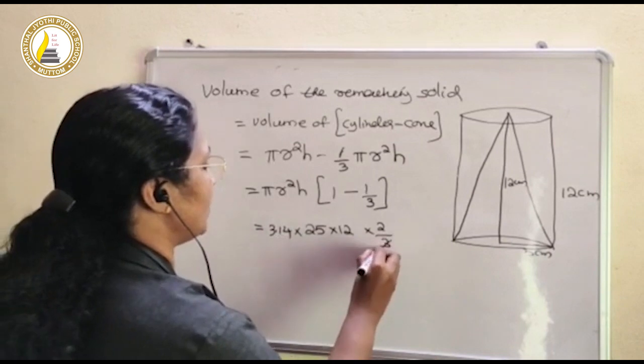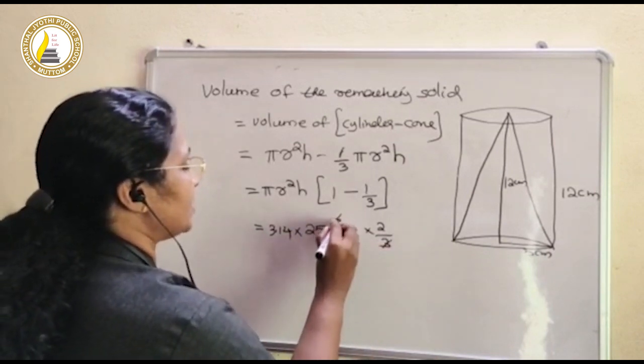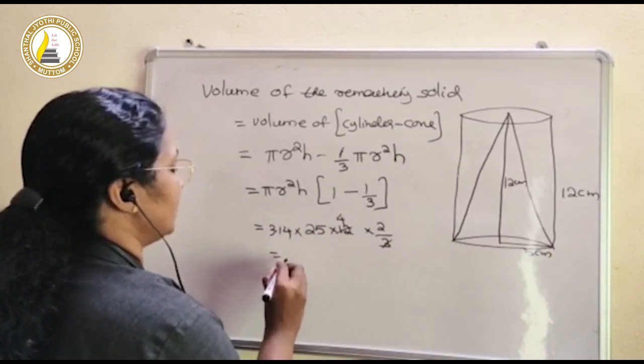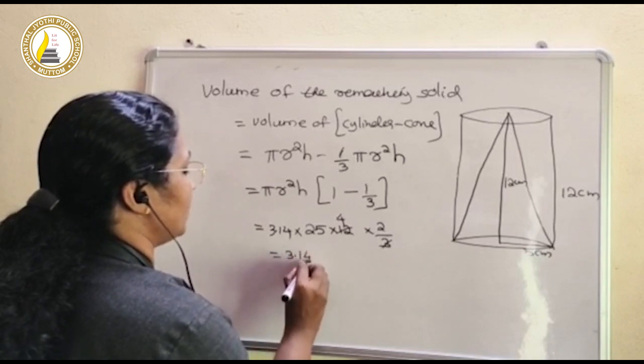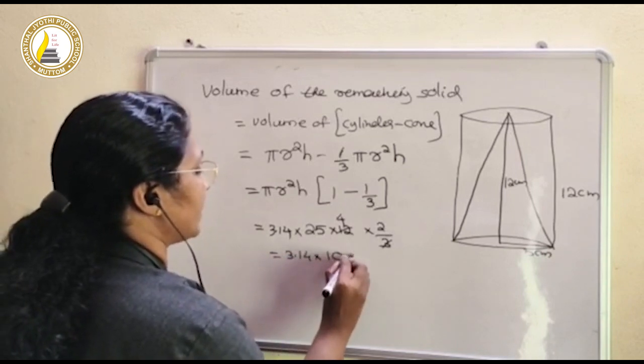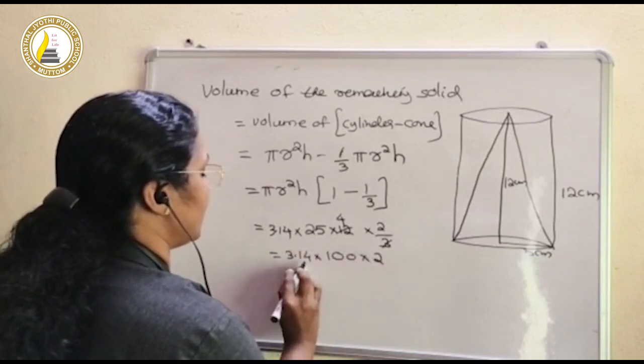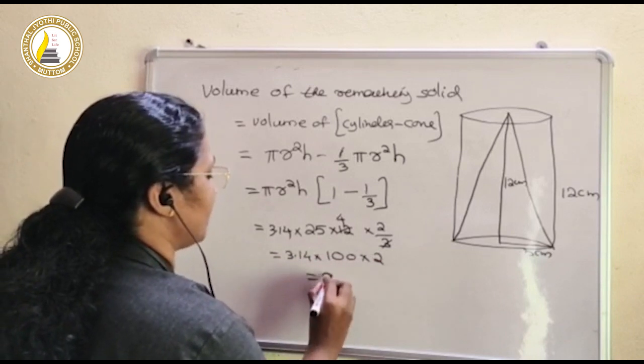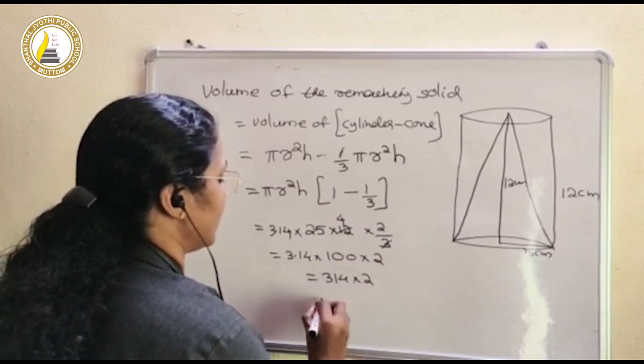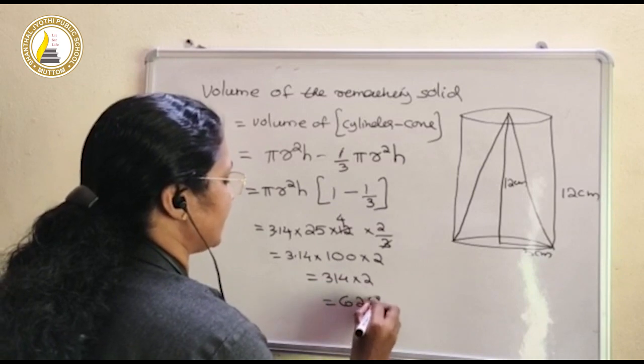Then 3 and 12 we can cancel. We will get 4, so 3.14 into 25 into 4 into 2. 3.14 into 100, 314 into 2, that is 628.